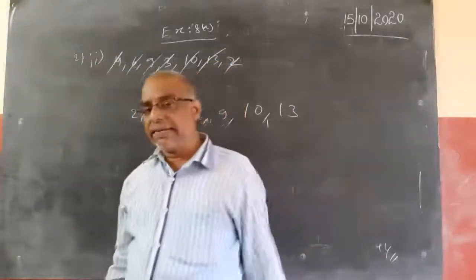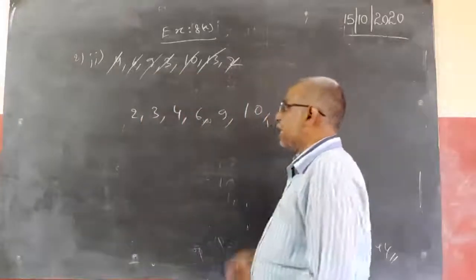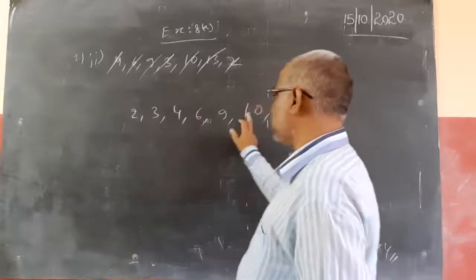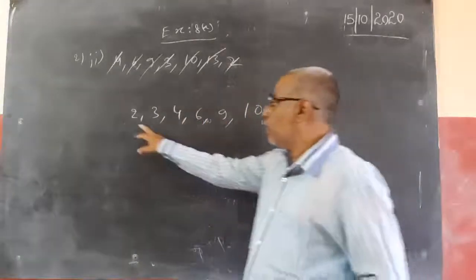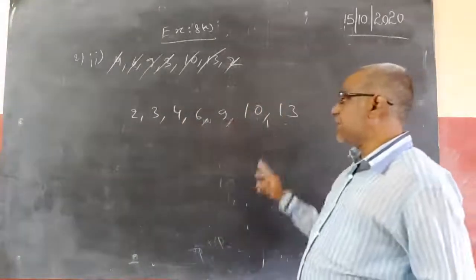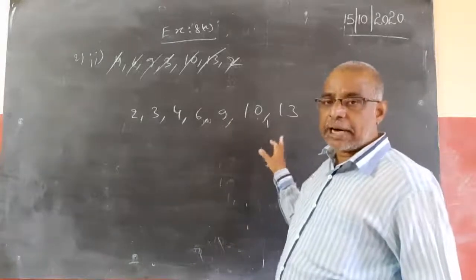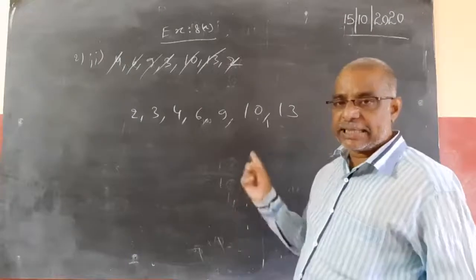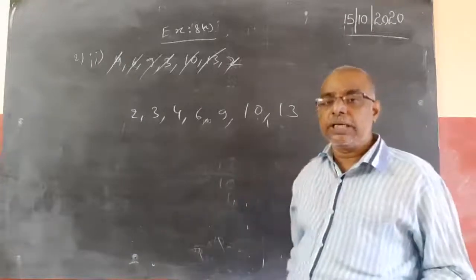If the number of terms is even, you will have two middle terms. If the number of given data is odd, you will have only one middle term. Here there are 7 terms: 1, 2, 3, 4, 5, 6, 7, which is odd.